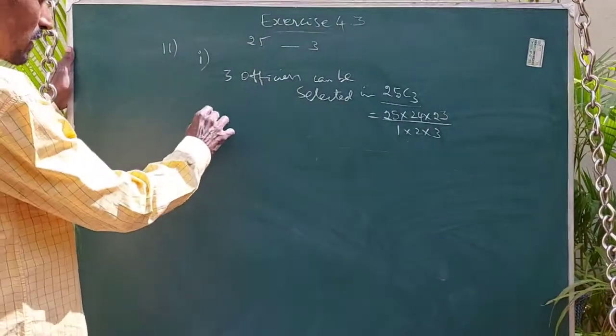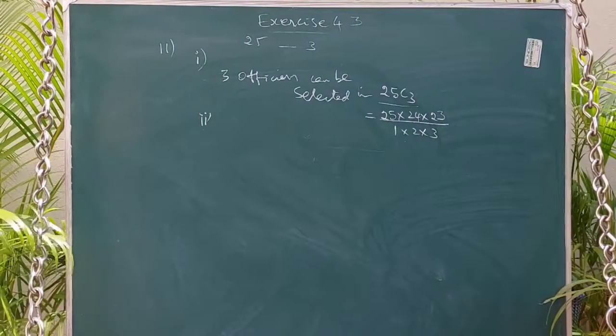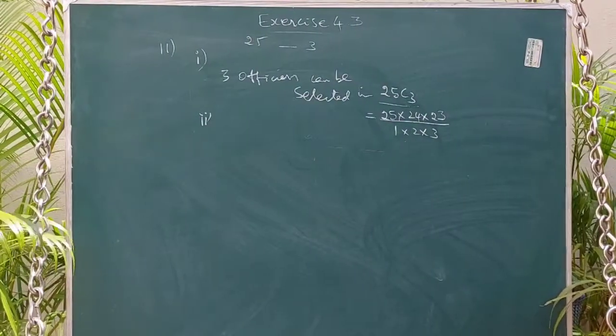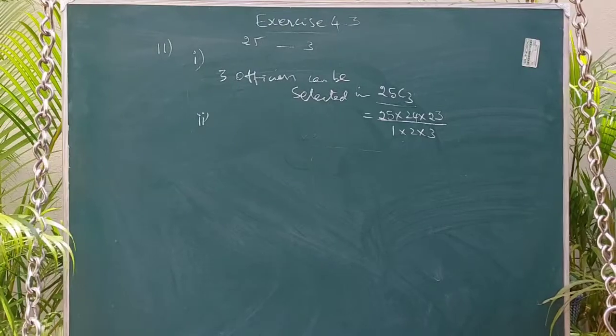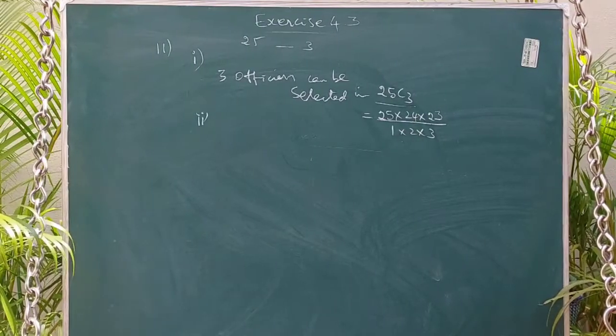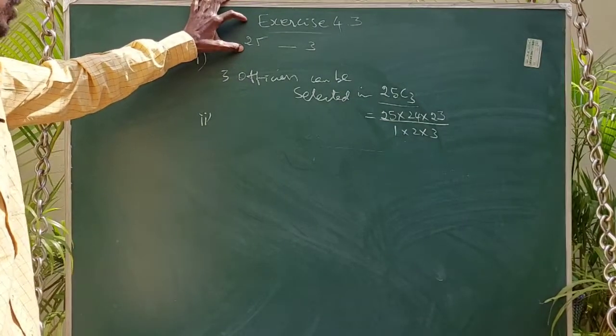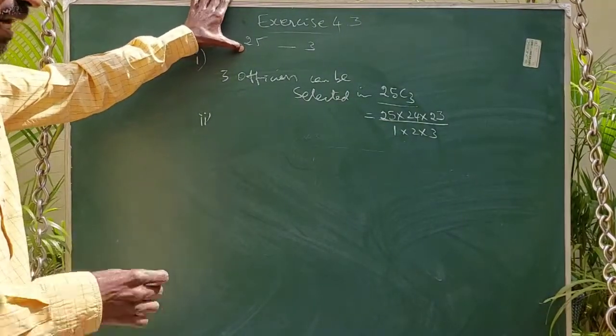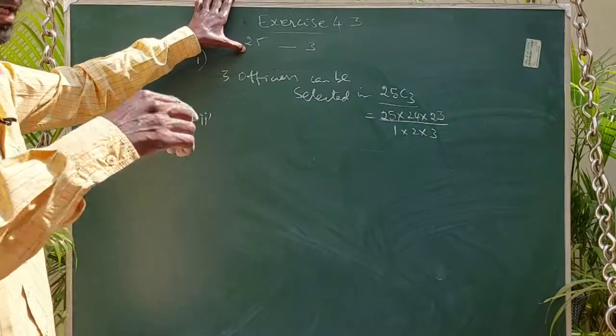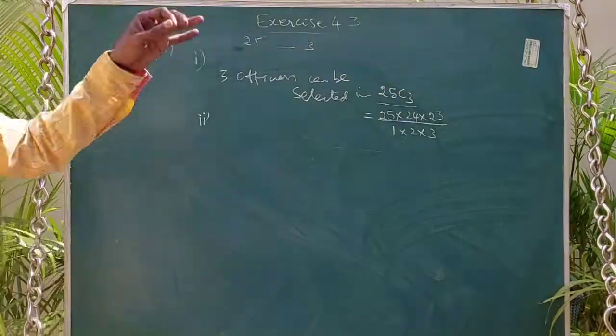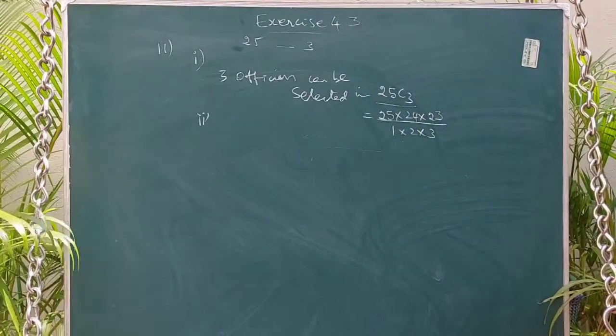The second subdivision, in how many ways can the president, vice president and secretary be selected? So if we take all the 25, the president can be selected in 25 ways. From the remaining 24, the vice president can be selected in 24 ways. From the remaining 23, the secretary can be selected in 23 ways.